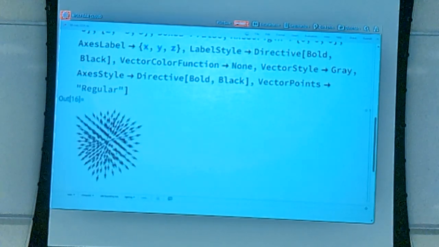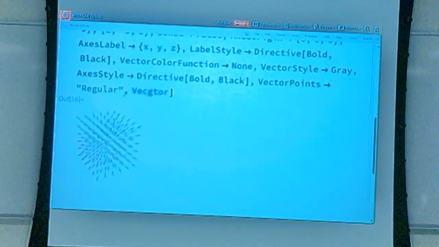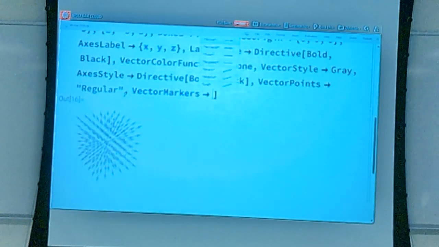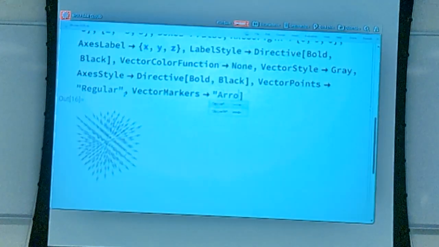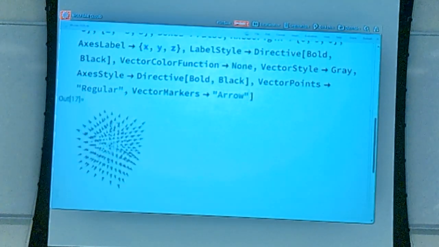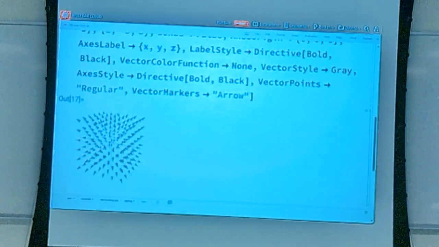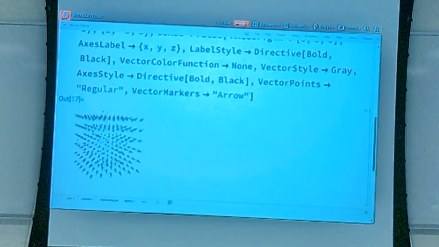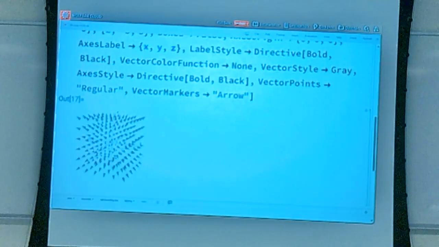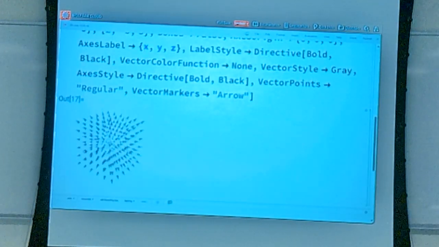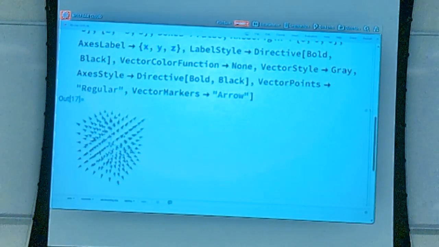You can adjust that. See, that looks much better. Yeah, that kind of looks good.